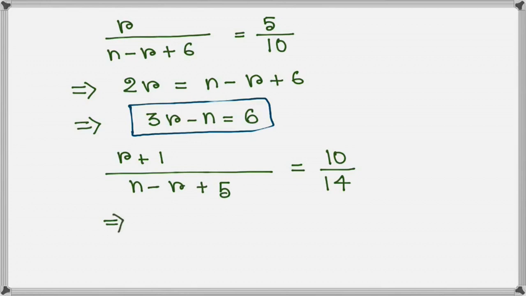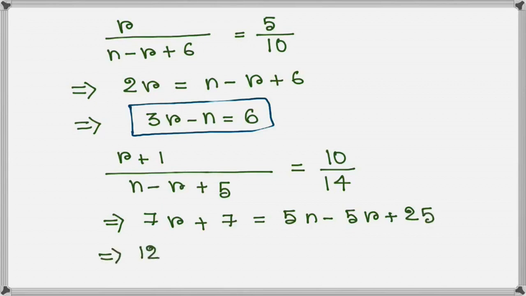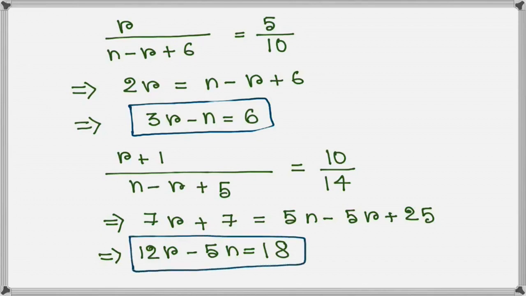That means 7r plus 7 is equal to 5n minus 5r plus 25. So we get 12r minus 5n is equal to 18. So we have another equation in r and n.